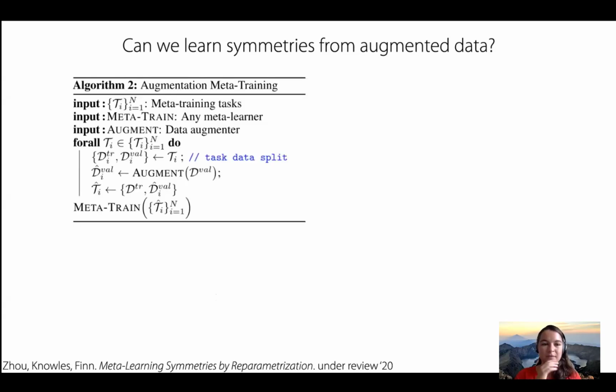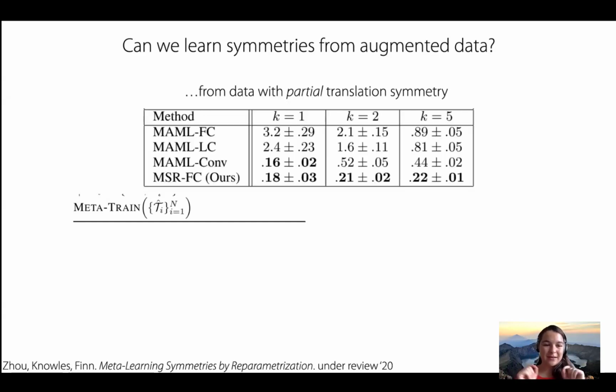To do this, we have a very simple algorithm where we have a set of meta training tasks, any sort of meta learner, and a data augmenter. For each task, we split it into a train set and a validation set, augment the validation data points, and then construct our new tasks using the original train set and the augmented validation set. What this is going to do is train it such that after it's seen original images in the training data set, it can generalize well to augmented images.